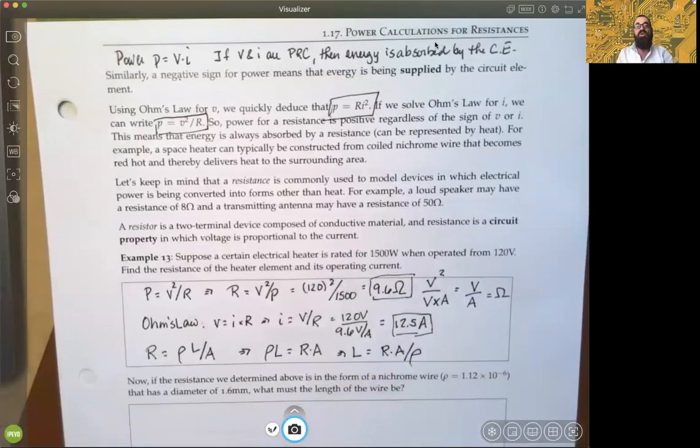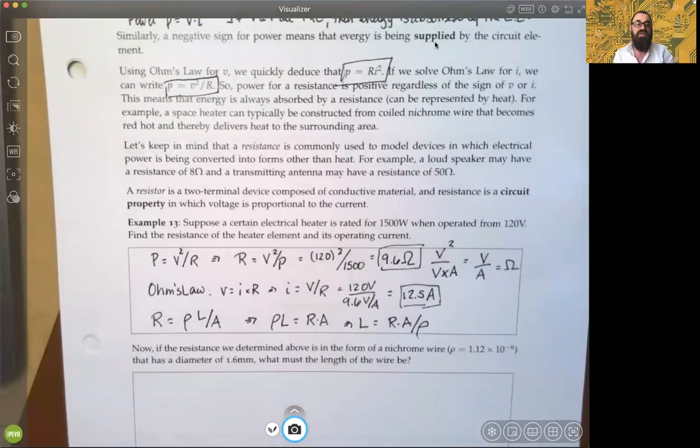And the reason why I wanted to do that is the next segment here. It says that for the same electrical heater, if the resistance we determined above is in the form of a nichrome wire, so now we actually have some material properties, and it had a diameter of 1.6 millimeters, what must be the length of the wire to achieve that 9.6 ohms with that operating current of 12.5 amps to ultimately achieve 1500 watts.